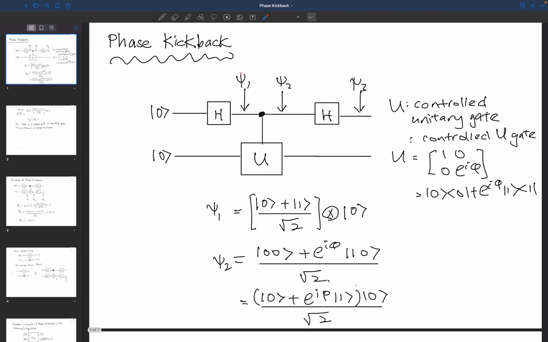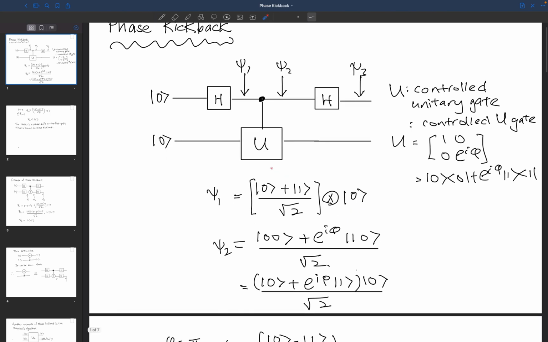So looking at psi 1 over here, after the Hadamard gate, we have a superposition state on the first qubit, tensor with the second qubit. If we apply a controlled unitary gate on the first and the second qubit, if the first qubit is 0, then nothing will happen to the target qubit.